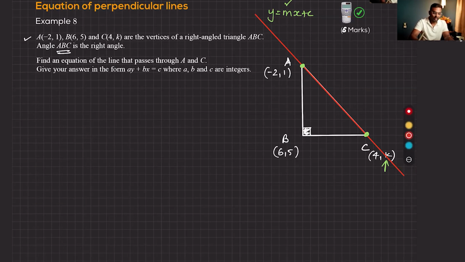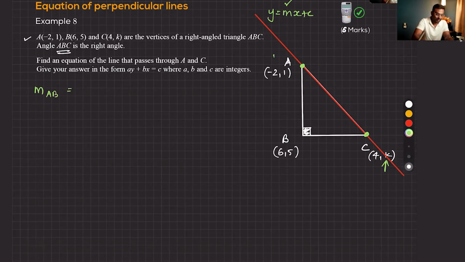Would you all agree? If I work out the gradient of AB, don't you think that would be a negative reciprocal of BC? And I can work out the K value from there. So we don't need to write tons of information. You could write gradient, watch this, M of AB. That is the gradient of AB.